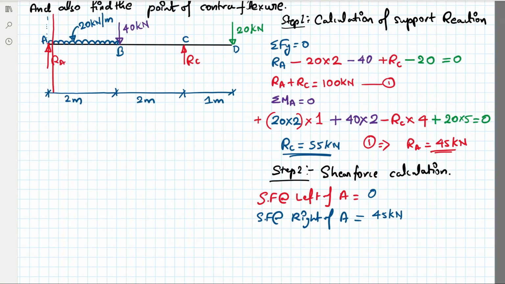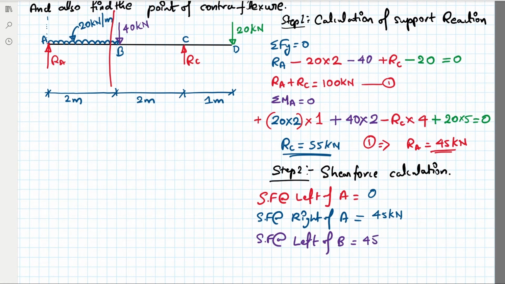After that I will move on to the beam. I will consider shear force at left of B. If I consider one section just to the left of B and do the summation of all the vertical forces, RA is acting upward, so considering the left of that section I will take 45.